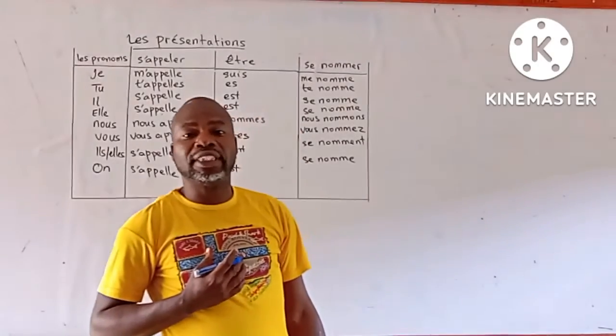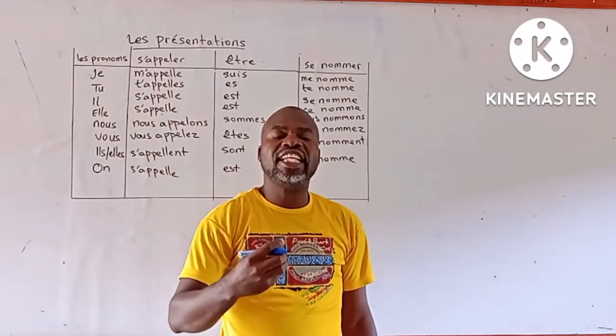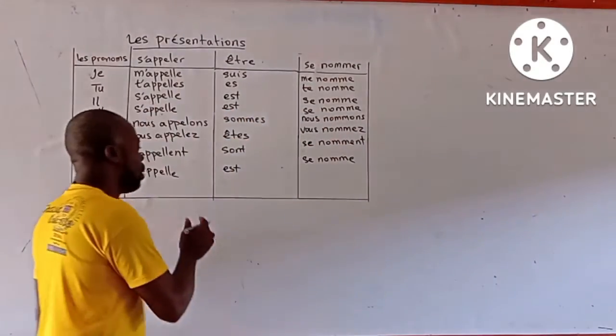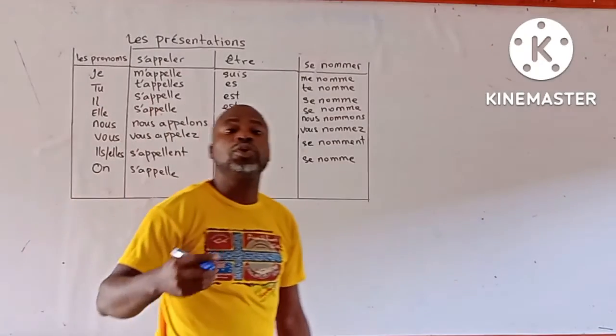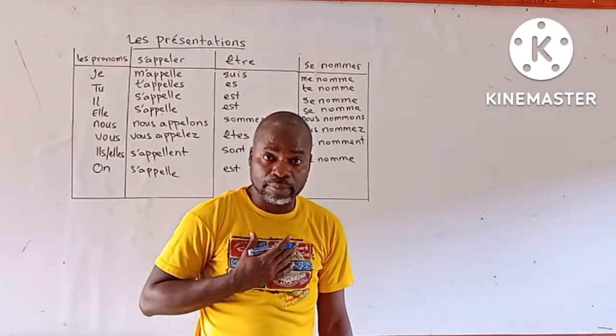Now that we are done with the conjugation of the three verbs, let's see how it works. In the example here, we are going to see how to use them to introduce ourselves. Remember, je is referring to the person that is talking.